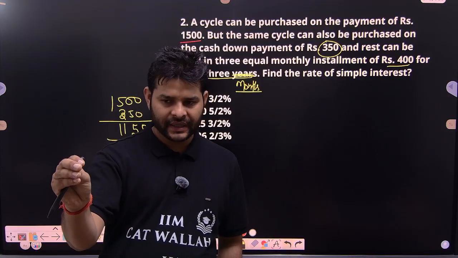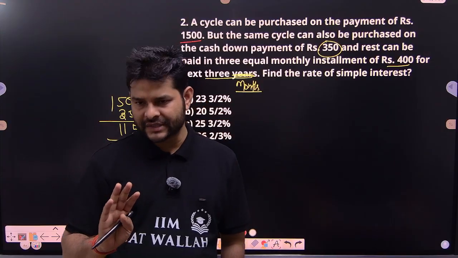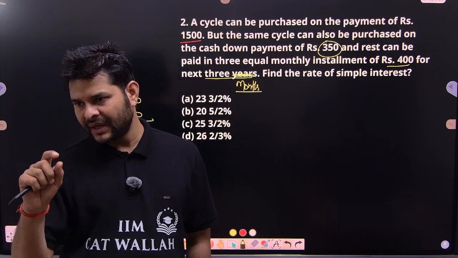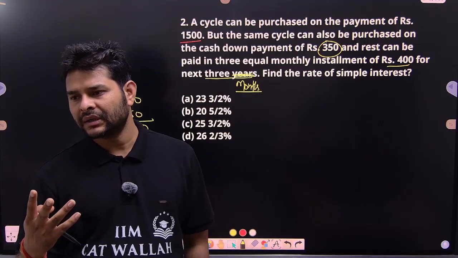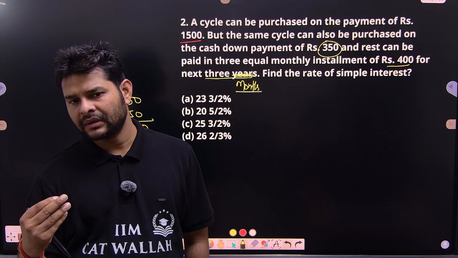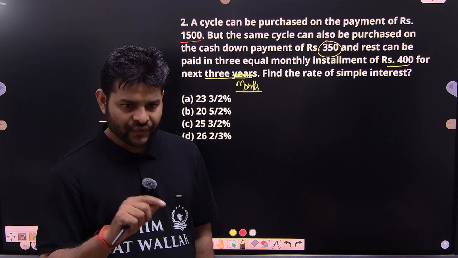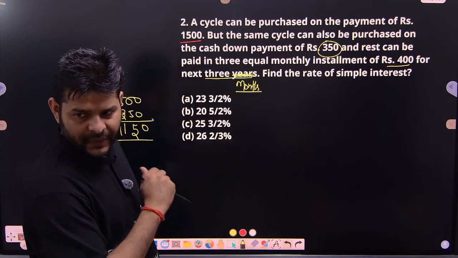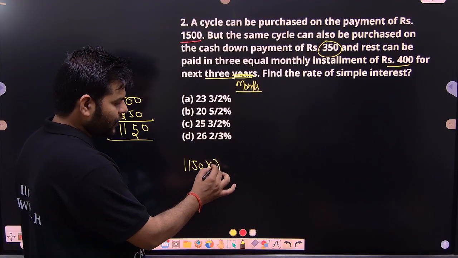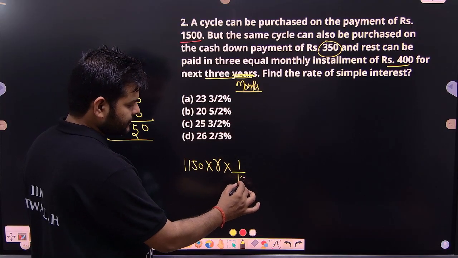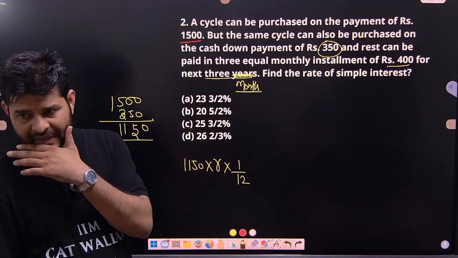Immediately I pay 350 and 1150 goes for the installment. On the very first month, I have to pay interest on 1150, are you getting or not? We don't know the rate. That would be the SI for the first month.